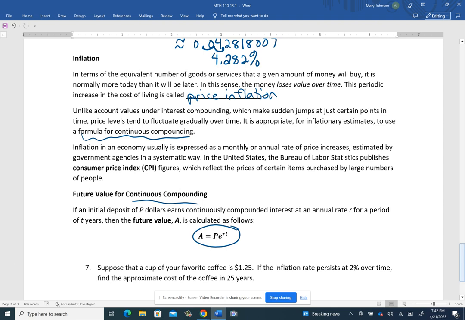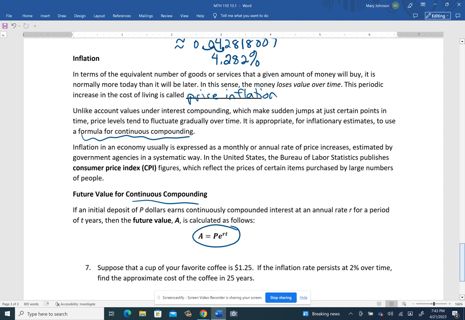Inflation is usually expressed as a monthly or annual rate of price increases, and it's estimated by government agencies. They have a way of calculating this, and they publish consumer price index figures, which reflect the prices of certain items that a lot of us purchase.